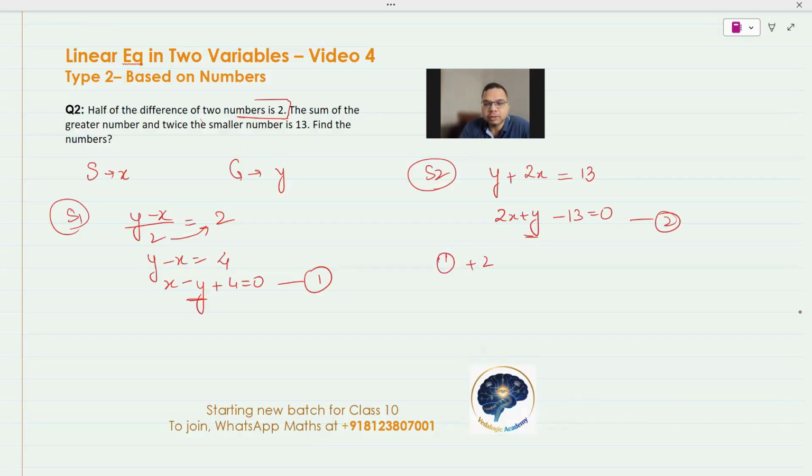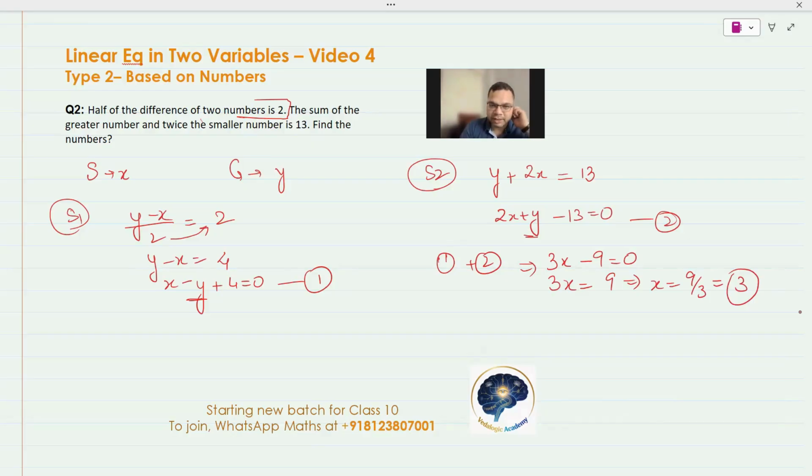So 1 plus 2 becomes x plus 2x becomes 3x, minus y plus y cancels, and plus 4 minus 13 becomes minus 9 equals 0. So if I take this 9 to the right hand side, 3x equals 9 and x equals 9 by 3, which means 3.